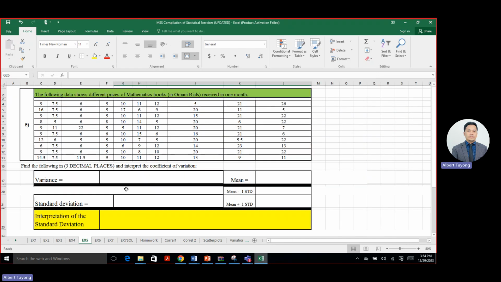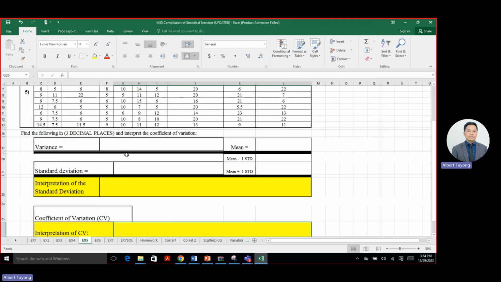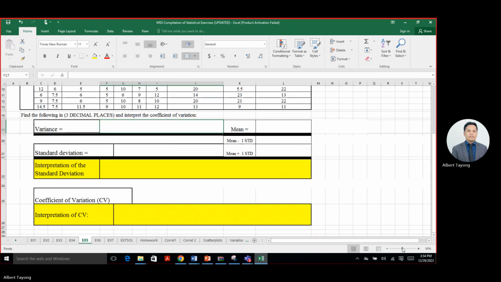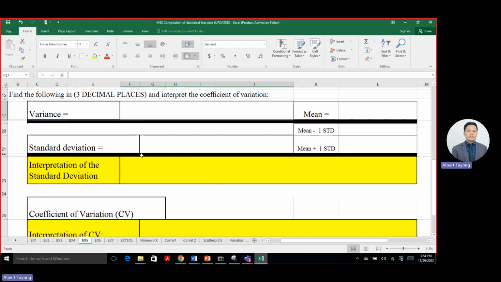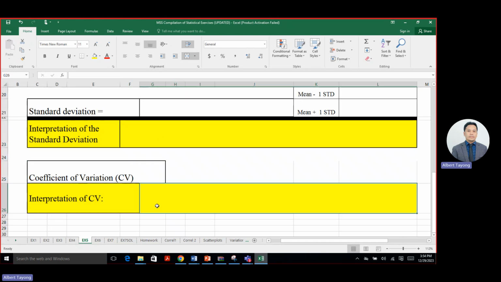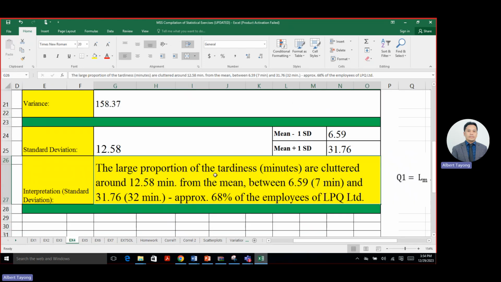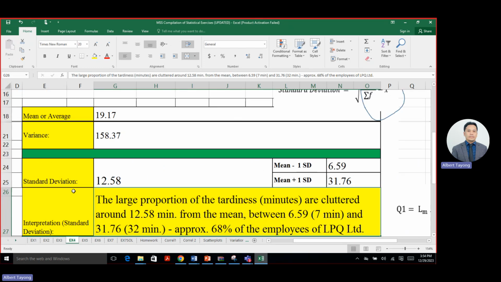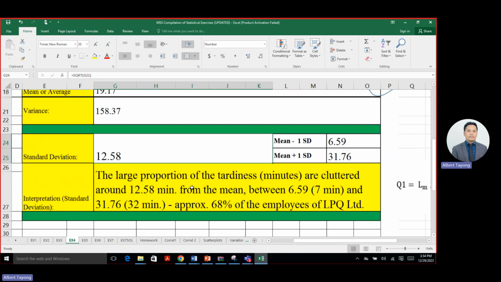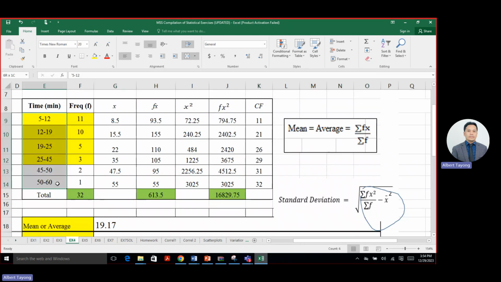Now, number 5, we're going to get first the variance, then we proceed to the standard deviation, then we have the interpretation, then the CV. In number 4, we identified our mean, variance, standard deviation, and we interpreted using this group data.